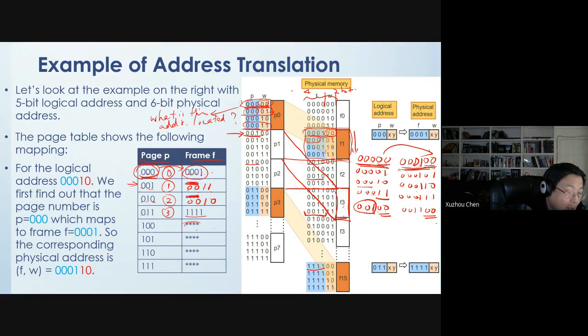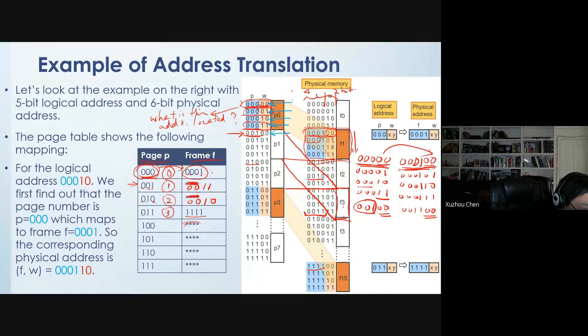So now you can actually see the order of the instructions, right? Let me change the color of the pen so you can see the difference here. If I execute the instructions in this logical address, the first instruction, the second instruction, the third instruction, the fourth instruction, and the fifth instruction is here.